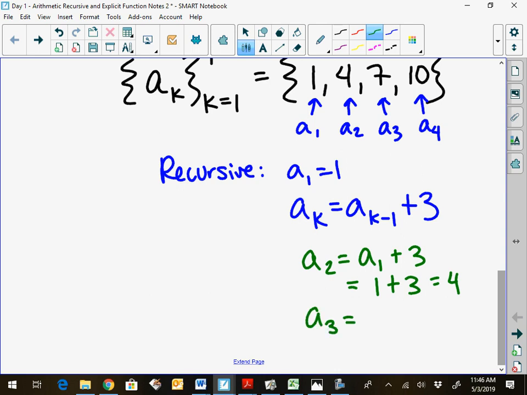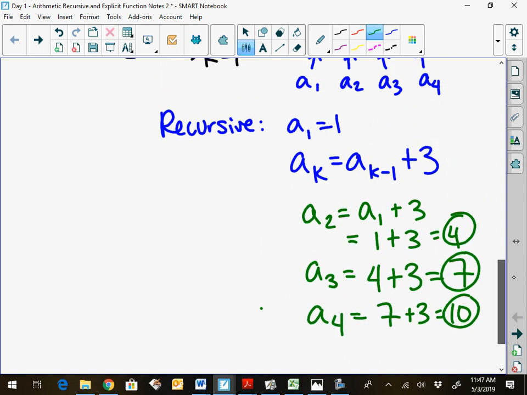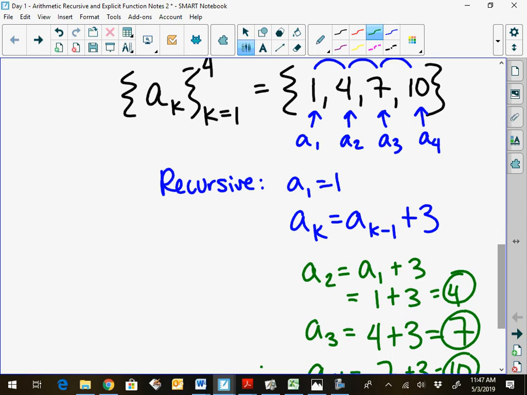Now a sub 2, remember, that was 4. So we're going to do 4 plus 3, and we get 7. So then a sub 4 is the previous term plus 3, and we get 10. Notice how these are the values that we had in our original set, and we were just writing it in the recursive form. So practicing writing it in that way.